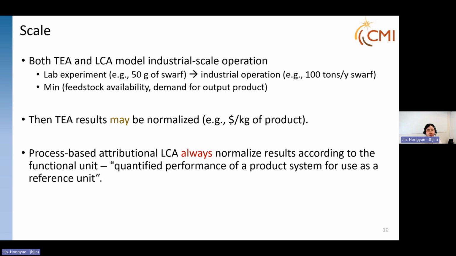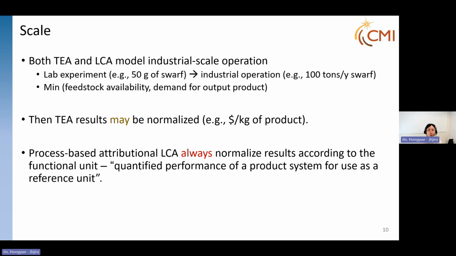And then the TEA result may be normalized in, for example, dollar per kilogram of rare earth oxide. However, for attributional LCA, process-based LCA will almost always normalize the results according to something called functional unit.